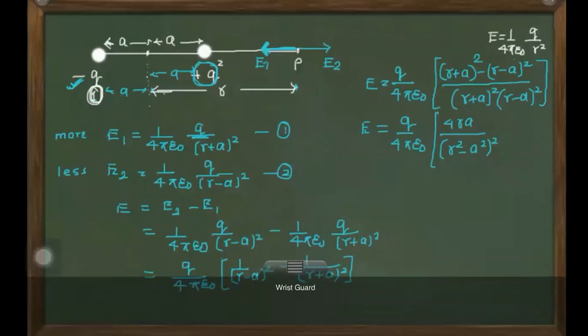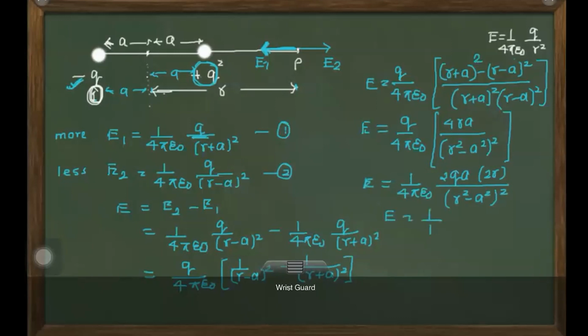Then I am going to separate 1 by 4 pi epsilon naught, and then write 2q into a, and then here will be 2r, and then here will be R square minus A square whole square.